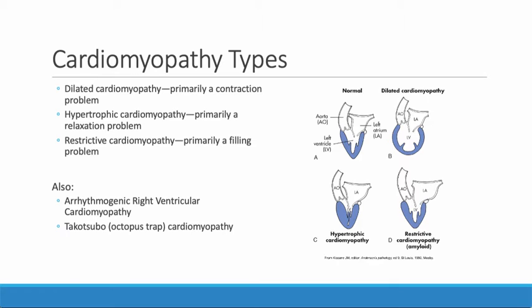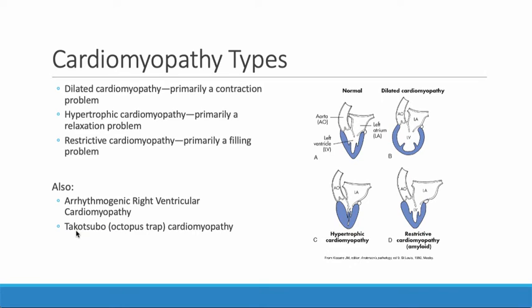There's also a rarer form called restrictive cardiomyopathy from conditions such as amyloidosis and other conditions that are pictured here as the third major type of cardiomyopathy. Now there are these other types as well that we'll talk about: arrhythmogenic right ventricular dysplasia, now known as arrhythmogenic right ventricular cardiomyopathy, very rare.